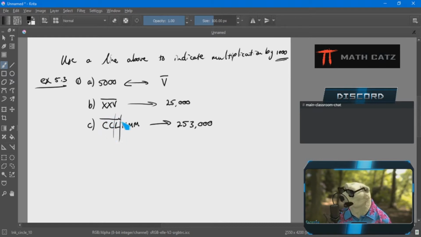The fact that the line is going straight through and being connected, it's really just a font, a writing style. You could very easily say, well, let's do the 200,000s first. CC, line, 1,000. Then the 50,000. Then the 3,000. I'm just giving it space to indicate the separation in how I look at it.